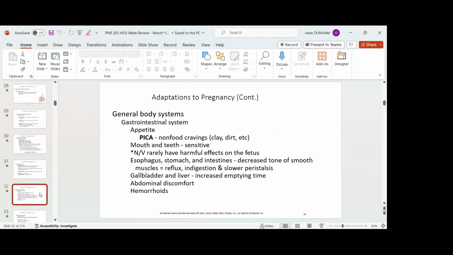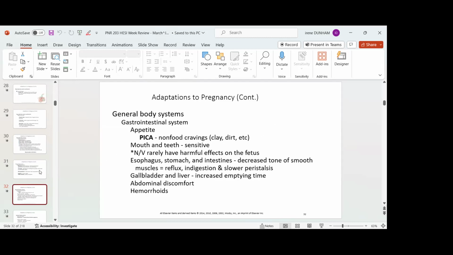One of my friends craved dirt, okay? So it's called pica. And that could be on HESI also, in a little scenario, and you would know that's pica. It's normal, it happens, but we don't want it to happen, but it happens.